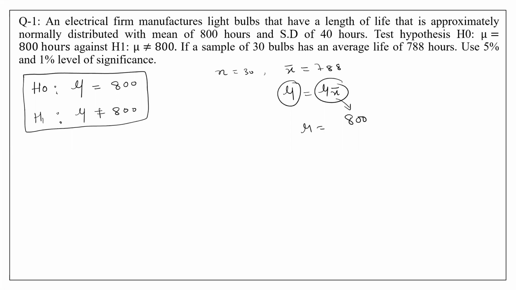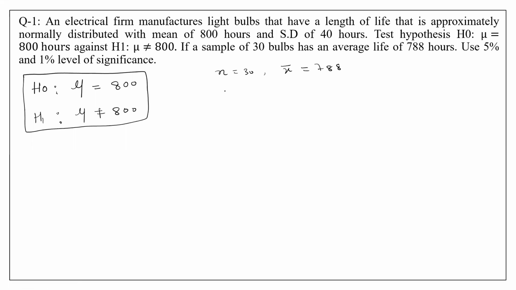Now they want to check whether this mu equal to 800 is correct or not by using a hypothesis. So this is what we're going to test right now, at both the 1% and 5% levels of significance.